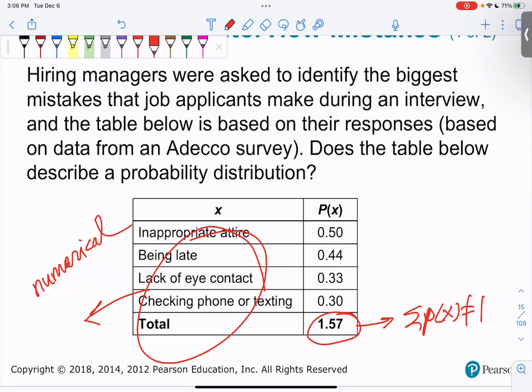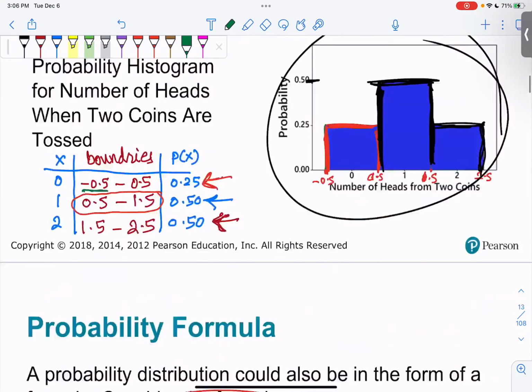The first one, the summation of those probabilities is not equal to 1, and then the values that the random variable takes are not numerical. Okay, but the second requirement is okay, right? Because all these values are between 0 and 1.